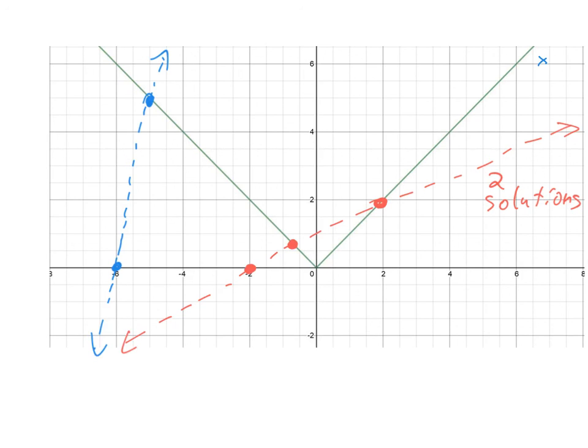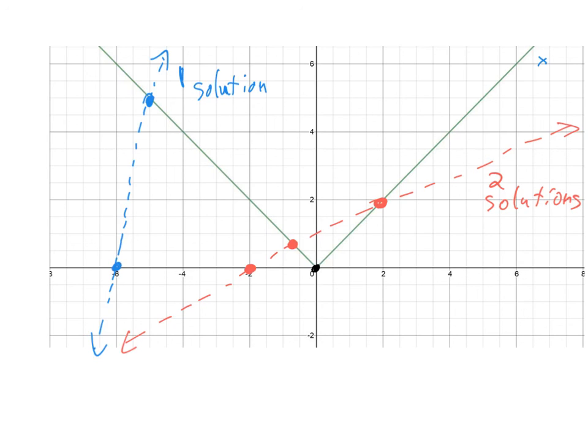And if you can't convince yourself of that, just picture if I had drawn a vertical line instead. Then there would be no doubt that it wouldn't intersect it on the right-hand side. This would produce one solution. So it would intersect it on the left-hand side of this x-intercept, but it would not intersect it on the right-hand side. And I could draw a similar line on the other side that would also only have one solution.